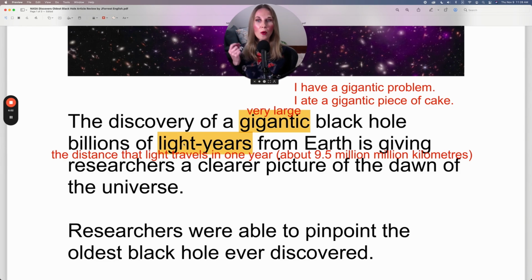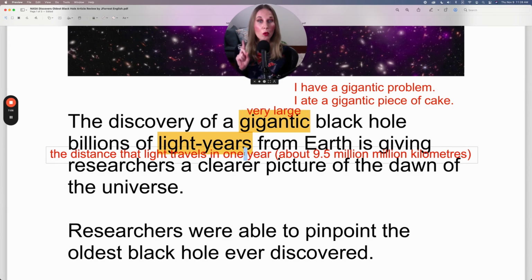Now let's talk about light years. I did not know what this was. Well, I have an idea, but I didn't know what the exact definition of a light year is. I knew it was a form of measurement. So it's the distance that light travels in 1 year. I did not know that it was in 1 year. And I certainly did not know that it's 9.5 million kilometers.